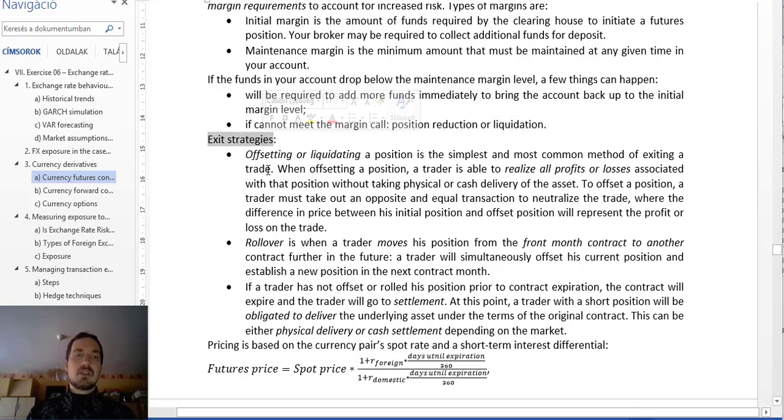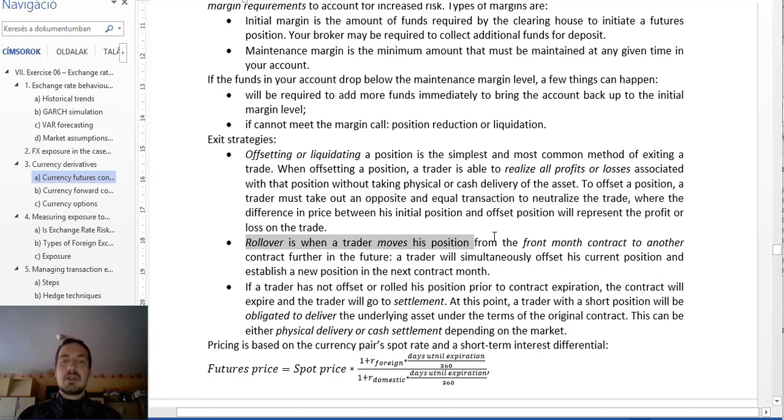Also exit strategies. Offsetting or liquidating the position means that right now we are realizing all the profits and losses, and we don't want to have physical or cash delivery of the assets. So we take out, on the last day, an opposite and equal transaction to neutralize the trade, and after that we will see the loss or profit on the trade.